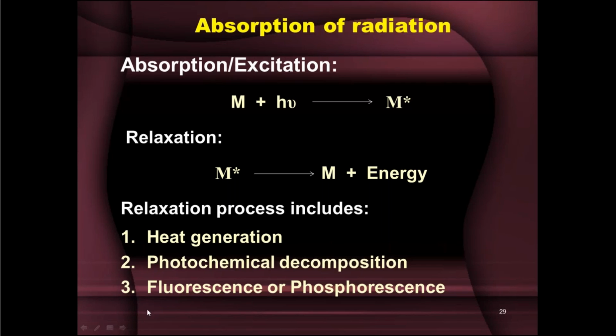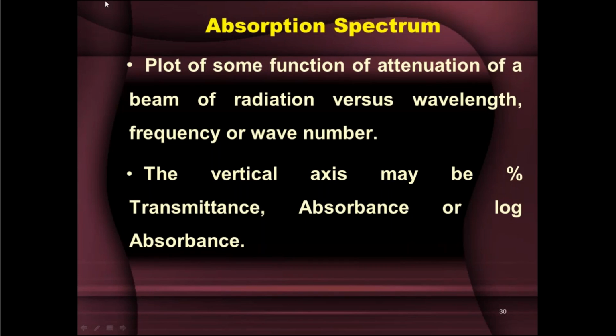So if this is emitted in the UV visible region, we call it UV visible fluorescence or phosphorescence. The difference between these two mainly is in the time taken for emission to occur. So these are the different ways in which relaxation can occur following absorption. Absorption is always followed by relaxation in spectroscopy.